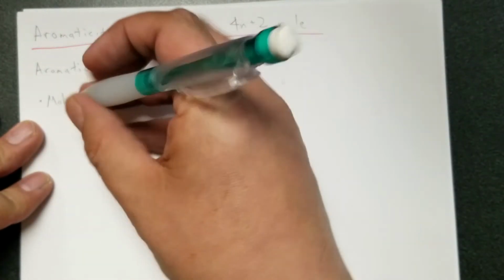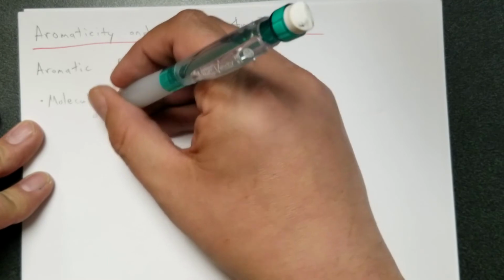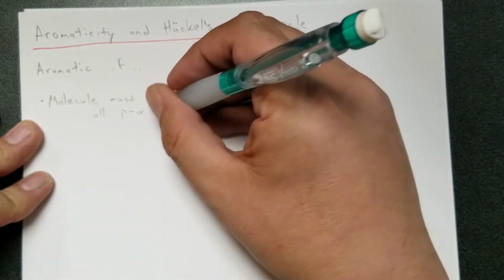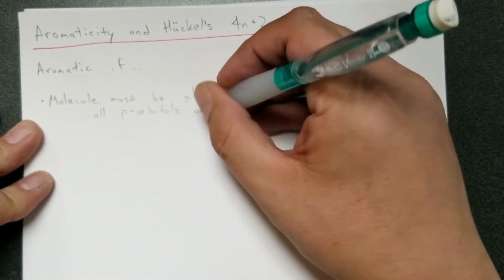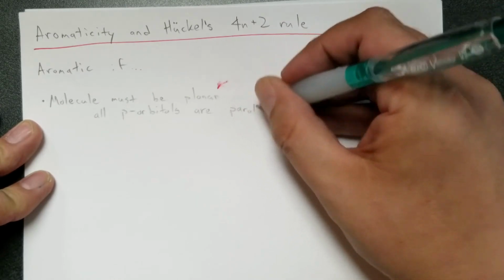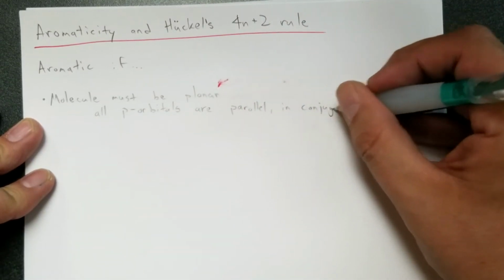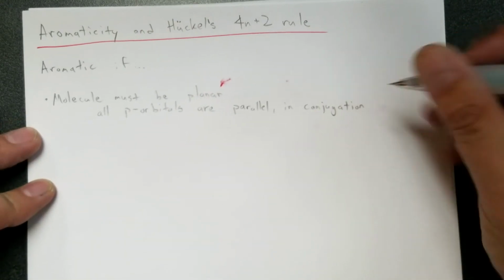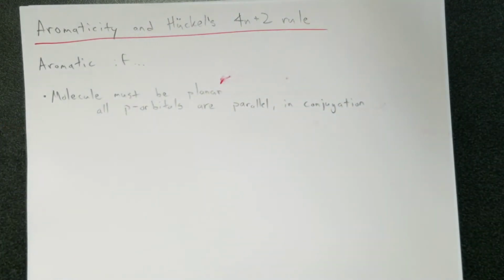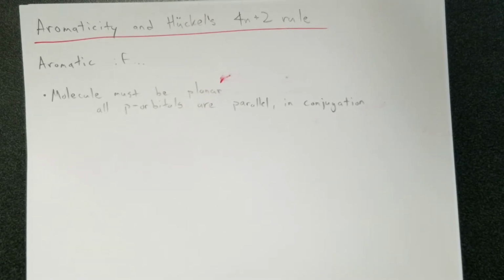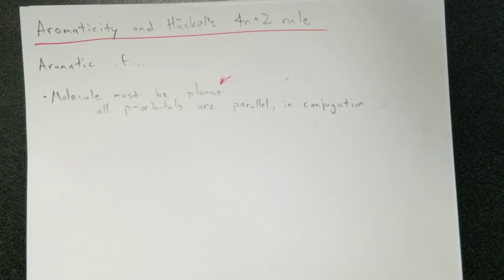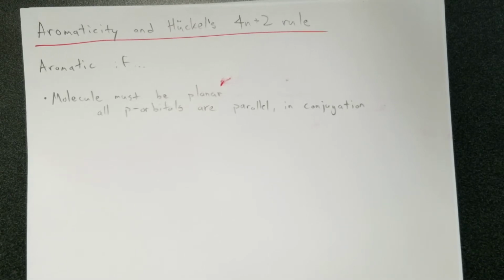So, adding a little note: all p orbitals are parallel, in conjugation. If you're not sure what I'm talking about, I did draw out the allylic carbocation last time, and that showed that these are all parallel to each other. Imagine that around the whole ring now.